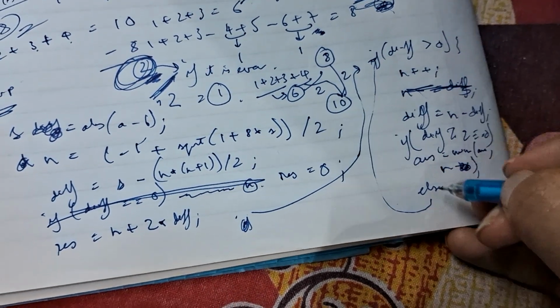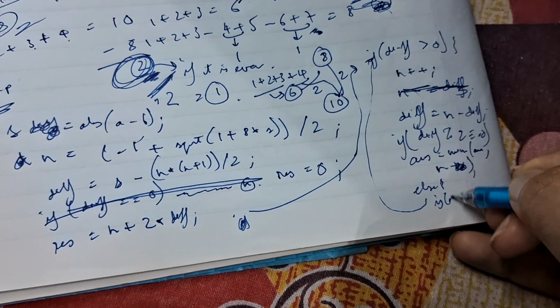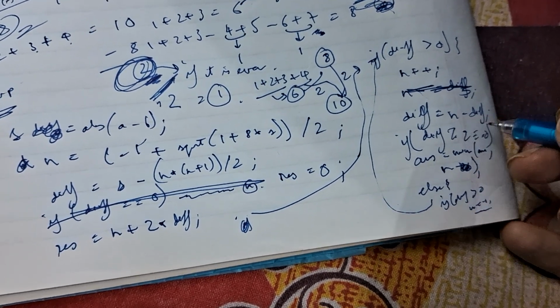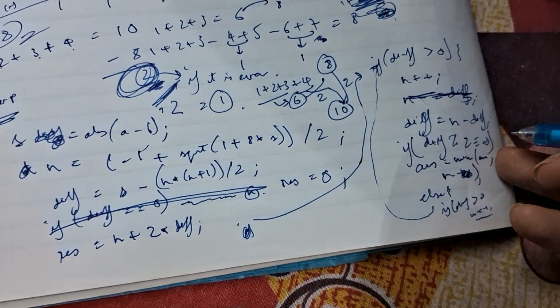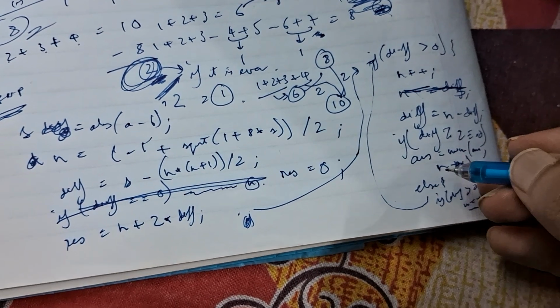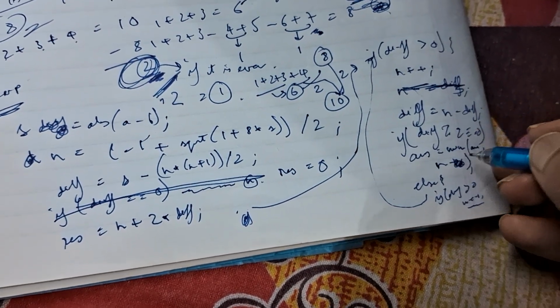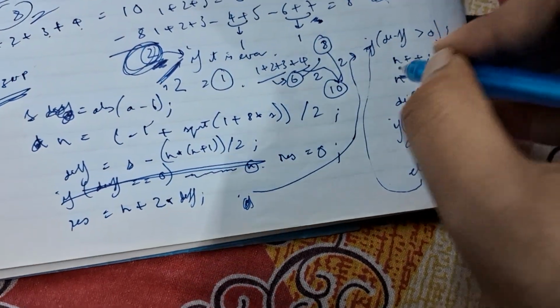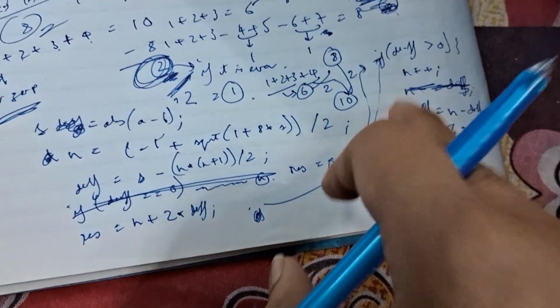That is, else if difference is greater than 0, n plus plus, difference is equal to n minus difference. If difference mod 2 is equal to 0, answer is equal to that. Else again the same thing, if difference is greater than 0. Now you have to do it 3 times.